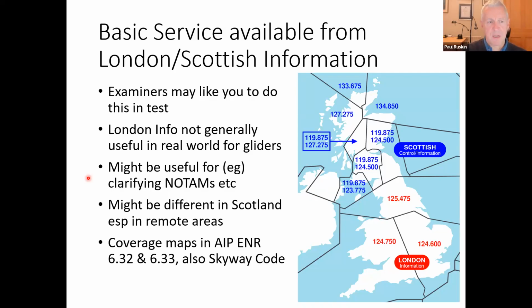Might be worth asking London Information for that sort of information. If you're up in Scotland, you might take a different view of this, particularly if you're in a remote area and you want somebody to talk to if you're going to get into trouble there. But southern part of the country, we're probably not going to be talking to these guys very much.